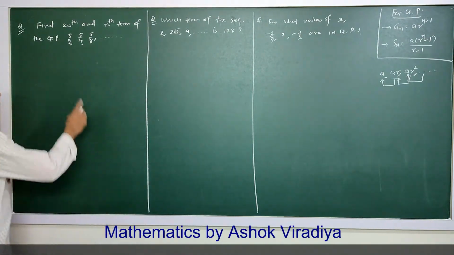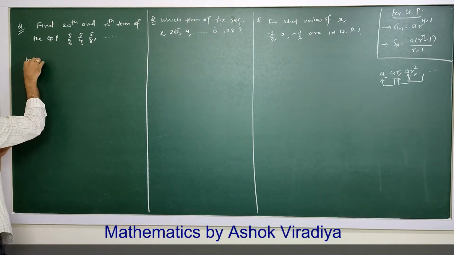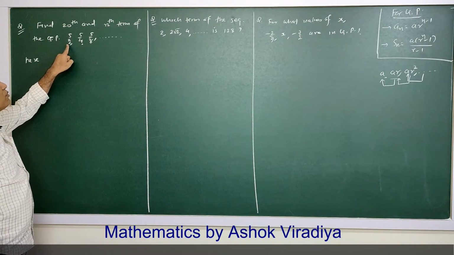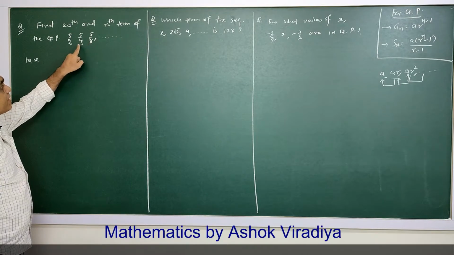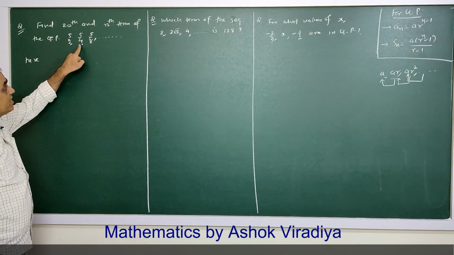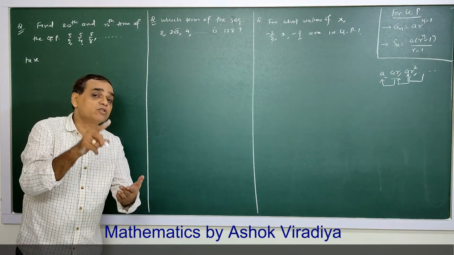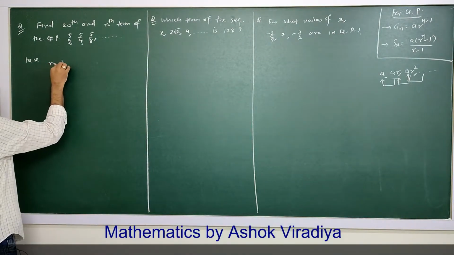So here 5 by 4 divided by 5 by 2 is 1 by 2. 5 by 8 divided by 5 by 4 is 1 by 2. So here the common ratio R is 1 by 2.